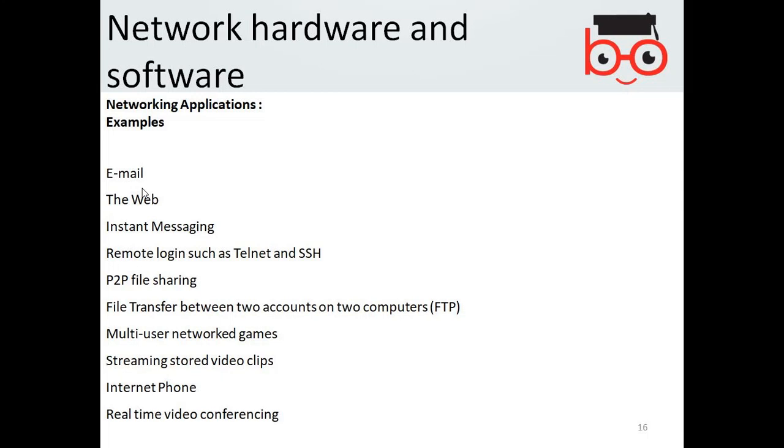Others are the web itself, instant messaging, remote login, P2P file sharing, file transfer between two accounts, multi-user network games, streaming, internet phones, and real-time video conferencing. These are examples of network applications.